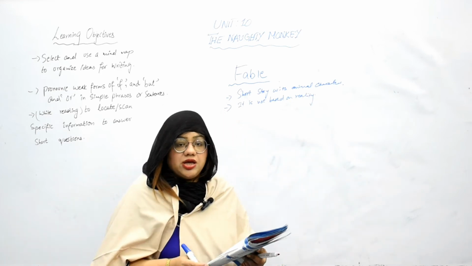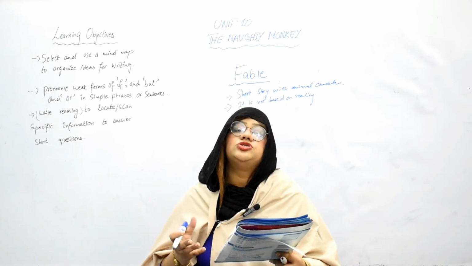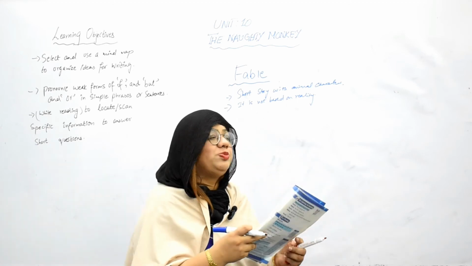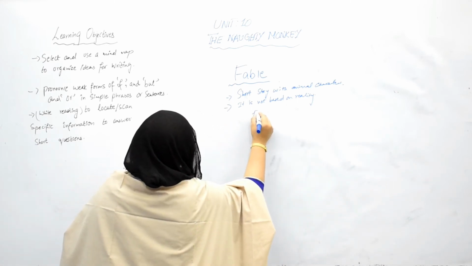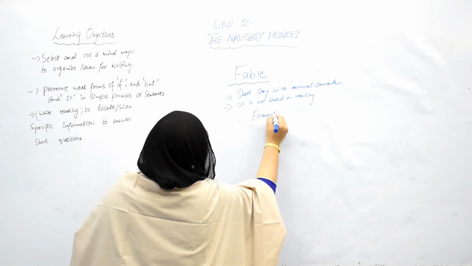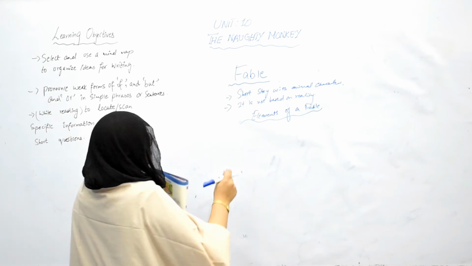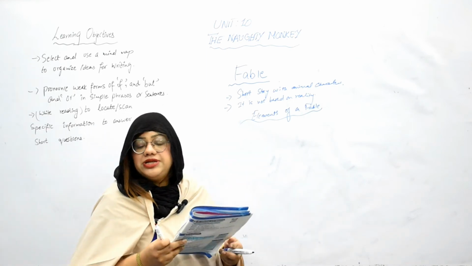Got it? Now here you can see the most important elements. What are the elements of a fable? I'm going to explain to you. Number one, I'm writing here, elements of the fable.